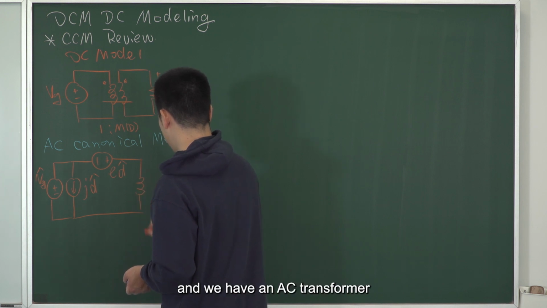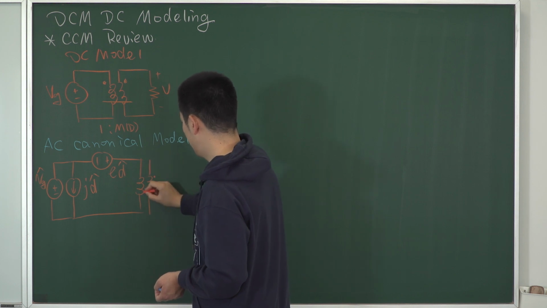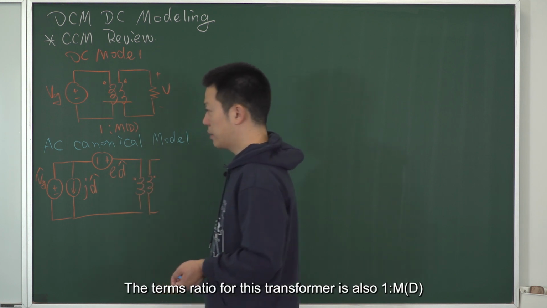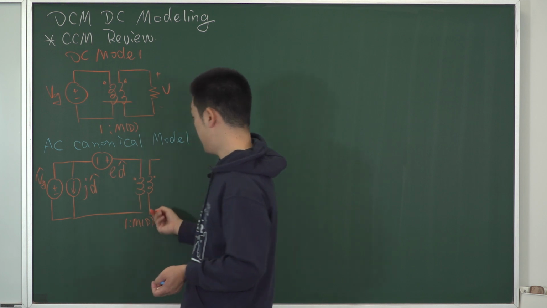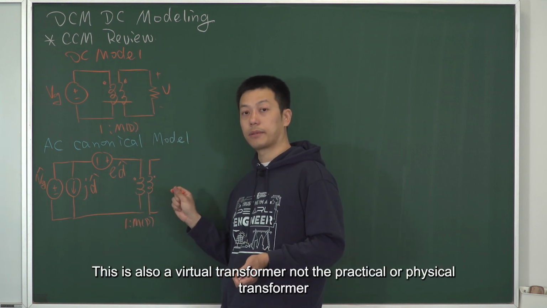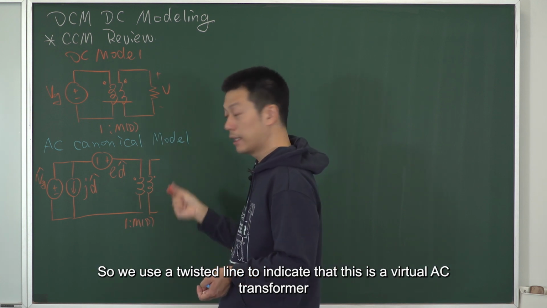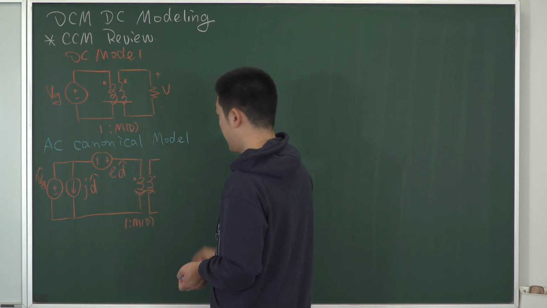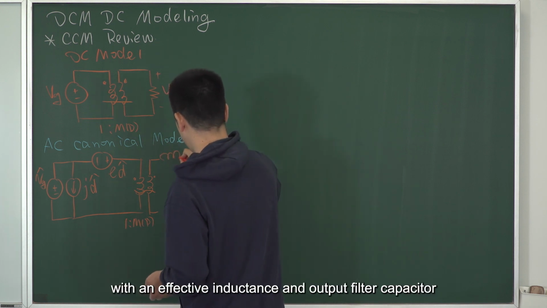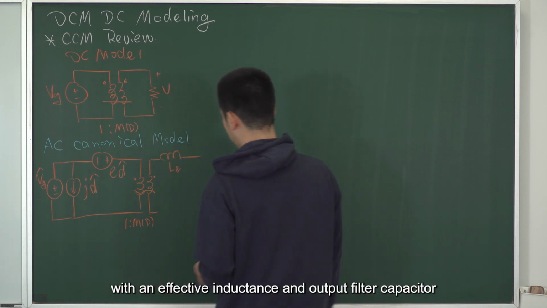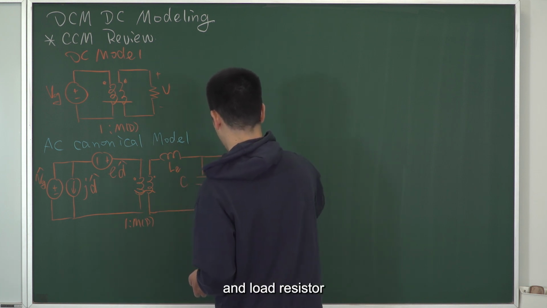And we have an AC transformer. The turns ratio for this transformer is also 1 to MD. This is also a virtual transformer, not a practical or physical transformer. So we use a wavy line to indicate that this is a virtual AC transformer. On the right-hand side, we have the low-pass filter network with an effective inductance, output filter capacitor and load resistor.